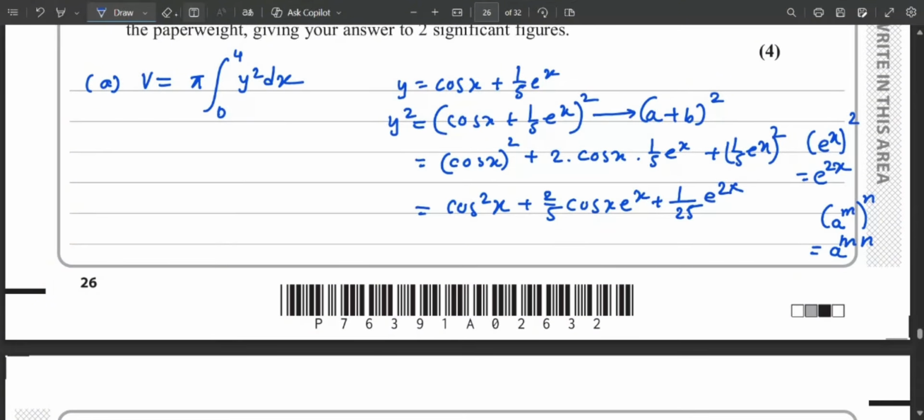So this is what we have done here. E to the power of x whole square is equal to e to the power of x into 2. So this is our simplified expression, and now we can substitute this in place of y square.